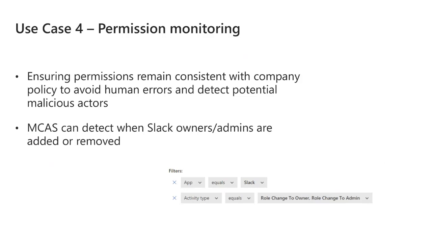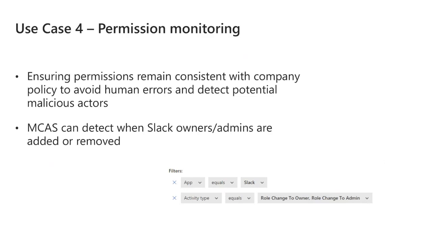And here in Slack, the two main risky permissions are if the users are owners or admins. And you can be alerted if Slack owners or admins are being added or removed.